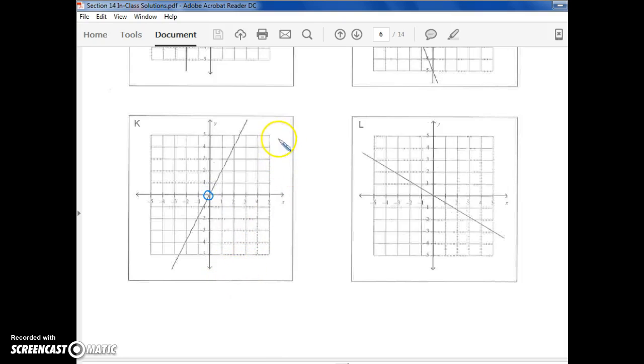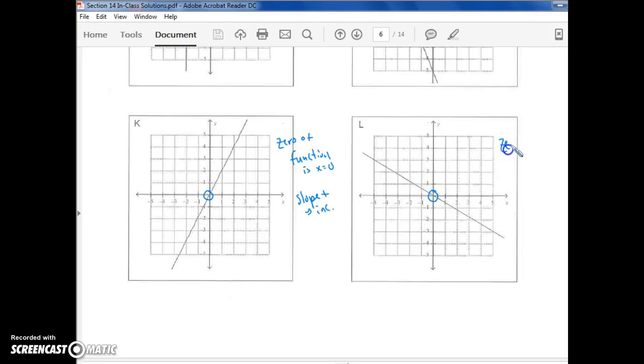So we have one of those that the 0 of the function is x equals 0. And we can tell from the graph's moving up as we move from left to right. It's rising, so we have a positive slope, which indicates increasing.